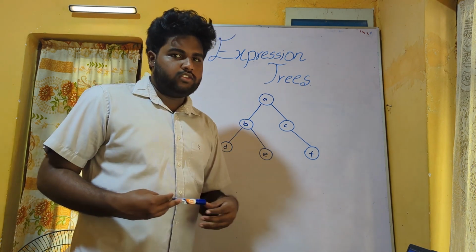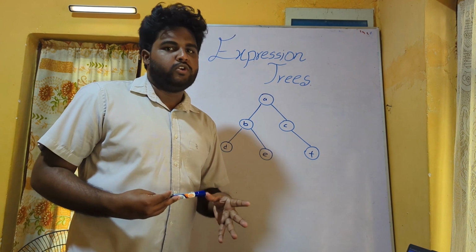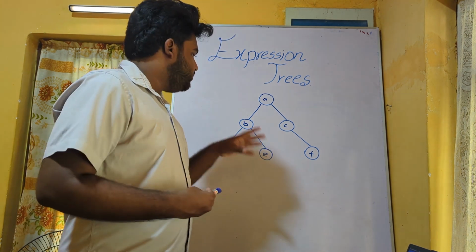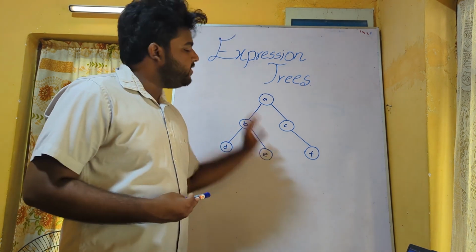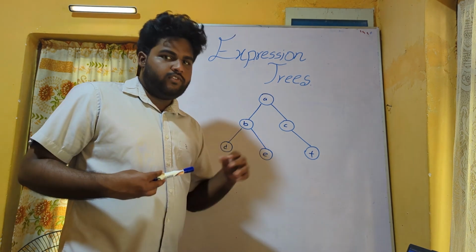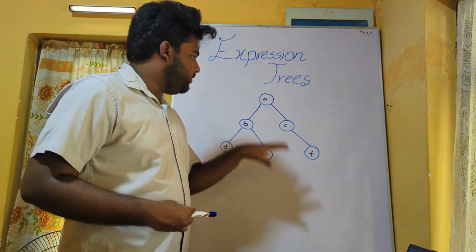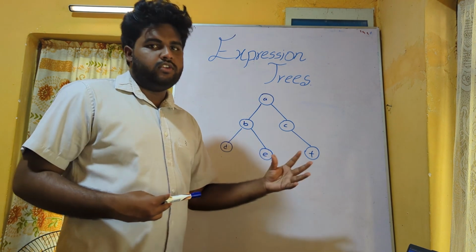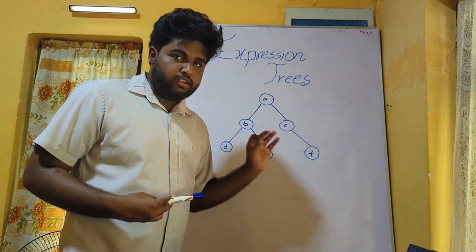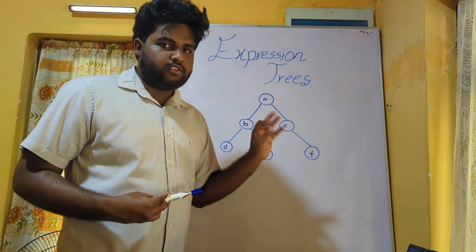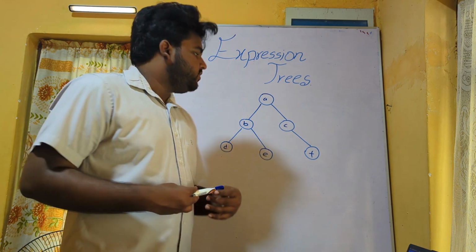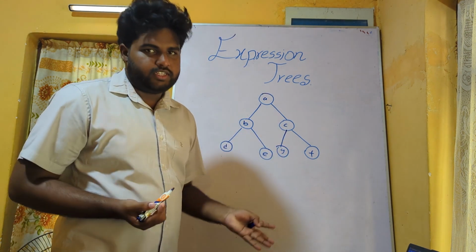The third way is post-order, where we start from the left, go to the right, then the root. When in a tree all the parent nodes have exactly two children, that tree is called a binary tree.